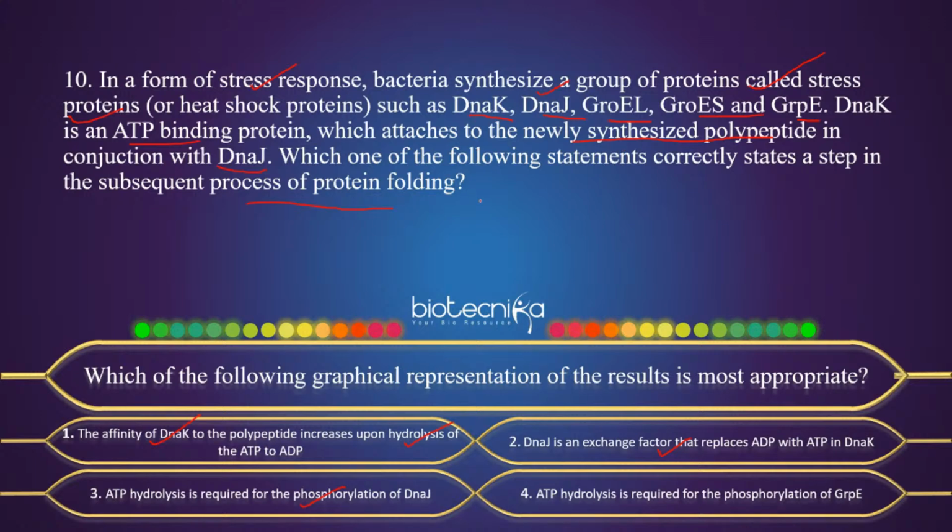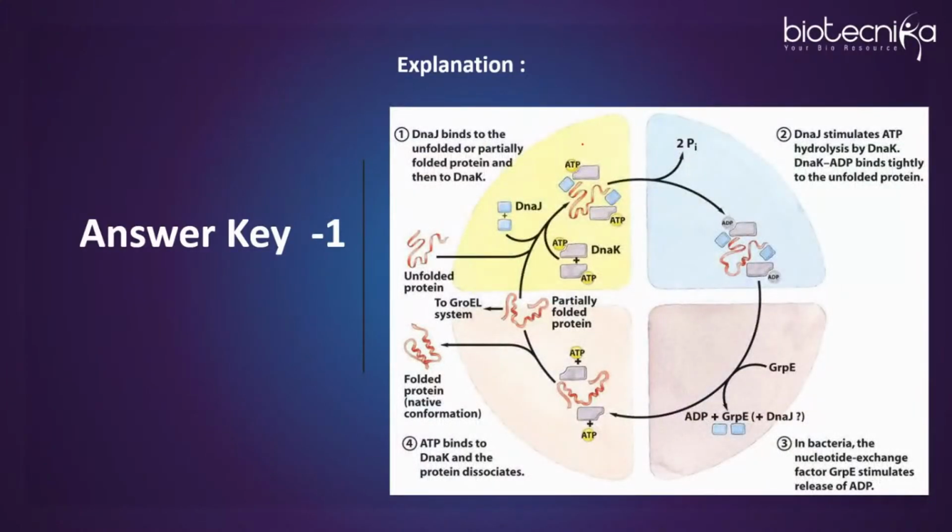Now let us see the explanation. See, the process, first of all, starts with DNA J binding to an unfolded protein. This is the protein folding process with the help of some chaperones. So DNA J binds to the unfolded polypeptide chain, and that will recruit DNA K. DNA K has ATP bound to it. Once DNA J and DNA K with the ATP have bound, the ATP gets hydrolyzed.